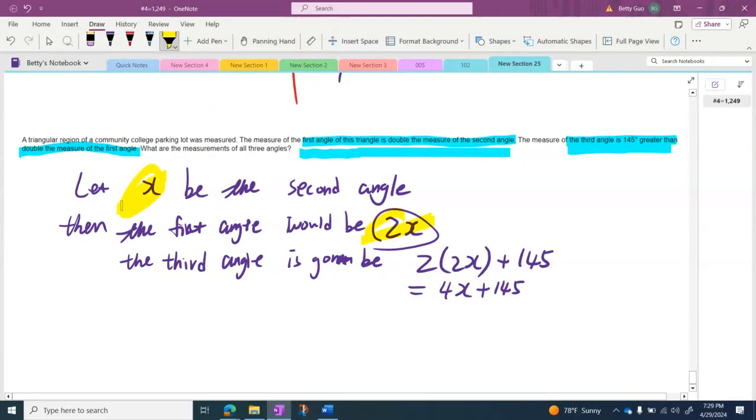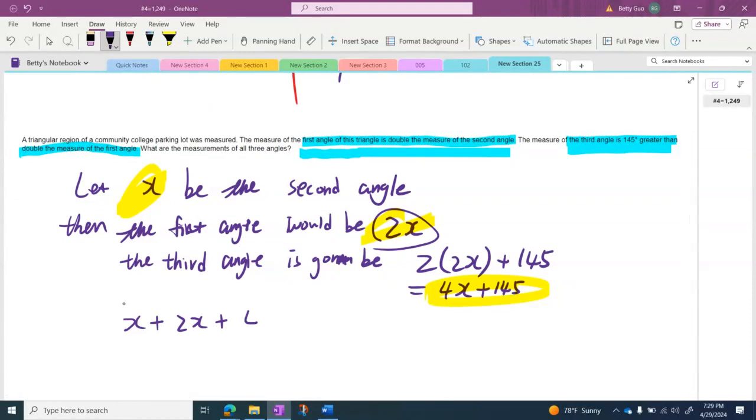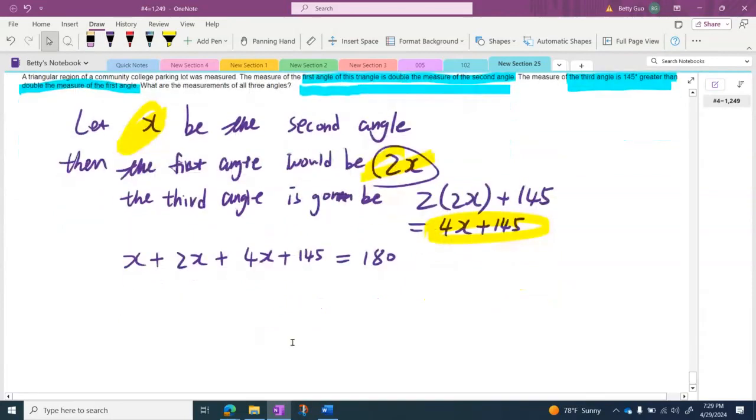So this plus this plus this gives us 180 degrees. So we have x plus 2x plus 4x plus 145 equals 180. Let's solve this equation.